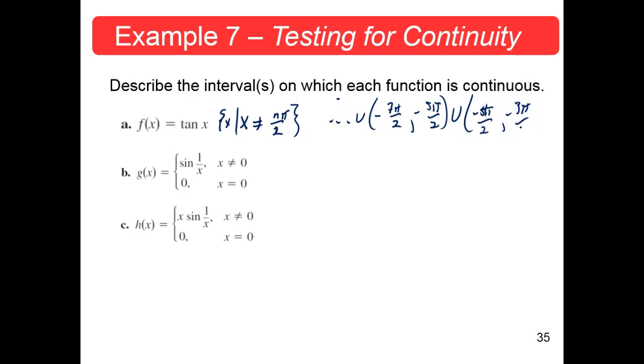In other words, you just include all the half pi's. Union that with, and you just keep on stepping down until you get negative pi halves to pi halves, pi halves to 3 halves pi. Those would be your intervals. But there's an infinite number of them, so it goes definitely this way. That's the best I could do. It's so much easier to say x can't equal any n half pi where n is any integer.